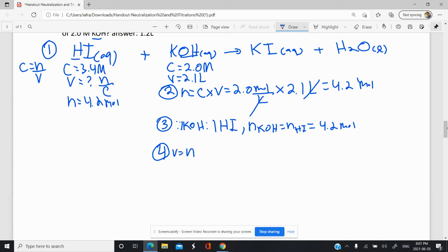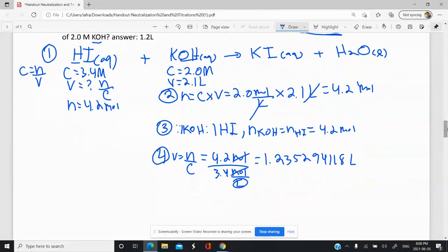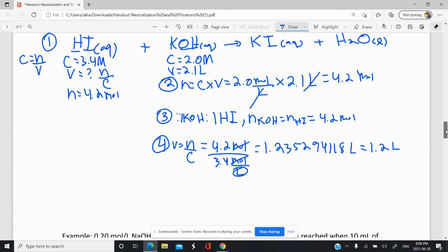So volume is equal to n over C, which is going to be 4.2 moles over 3.4 moles per liter. Cancel out moles, you're left with liters. So 4.2 divided by 3.4 gives you about 1.235294118 liters. And for the sig figs, it looks like we have 2 sig figs. So it's approximately 1.2 liters required.